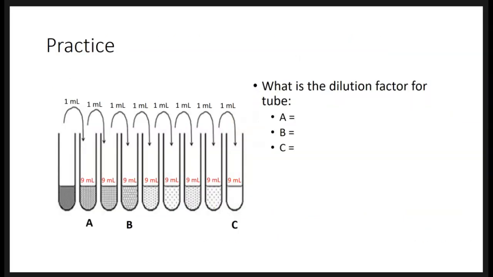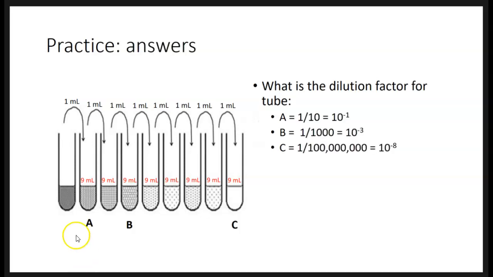So here's some practice, some 10-fold serial dilutions. We're making a number of serial dilutions, 1 milliliter into 9 milliliters of sterile buffer. What's the dilution factor of each one of these tubes, A, B, and C? To figure this out, go ahead and count the number of serial dilutions. For this first tube, A, we make a 1 in 10 serial dilution, so the dilution factor is 1 in 10, or 10 to the negative 1.